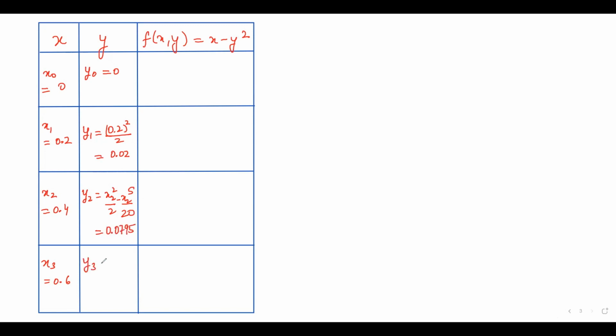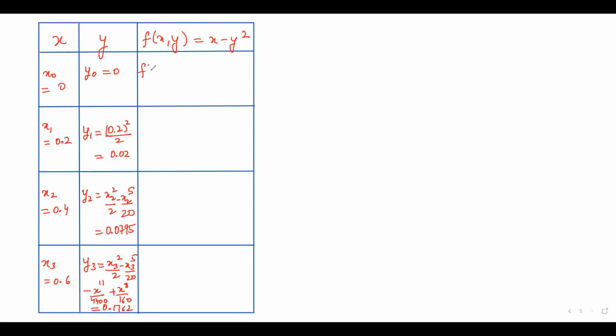Similarly, y3 would be x3 square upon 2 minus x3 5 upon 20, then minus x raised to the power 11 upon 4400 plus x raised to the power 8 upon 160. So the final answer that I'll be getting here would be 0.1762.